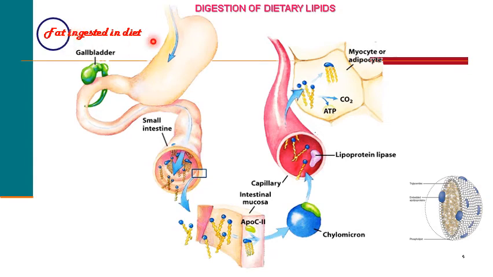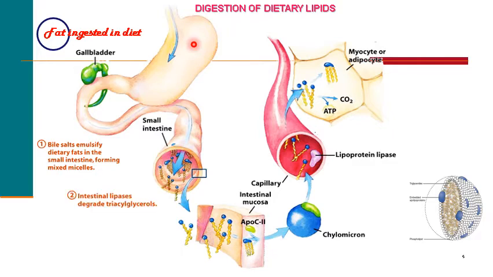Okay, now let's move on to the next slide. This is the ingested dietary fat, and it goes into the stomach and intestine where bile salts act and emulsify the dietary fats, forming micelles as we have seen in the previous animation.